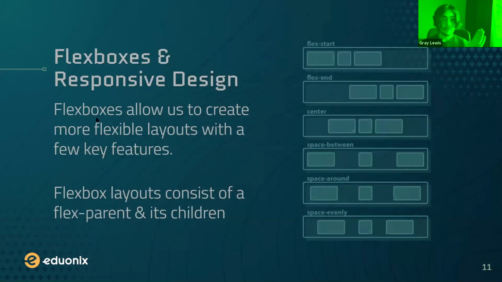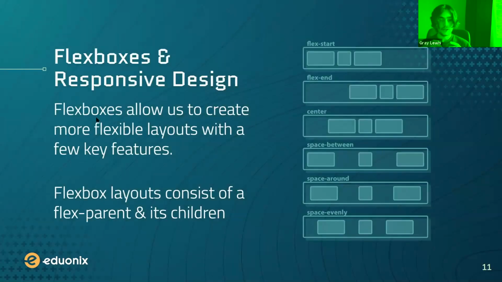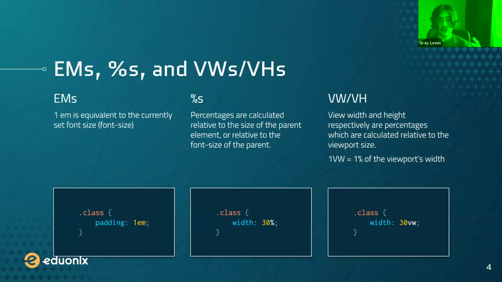Yeah, so EM, just to quickly review, is one EM is equivalent to the font size that you have set. So you can literally just think of this as like a Word document, right? Like our font size is 16 pixels, maybe. 1 EM then in that case is going to be 16 pixels.